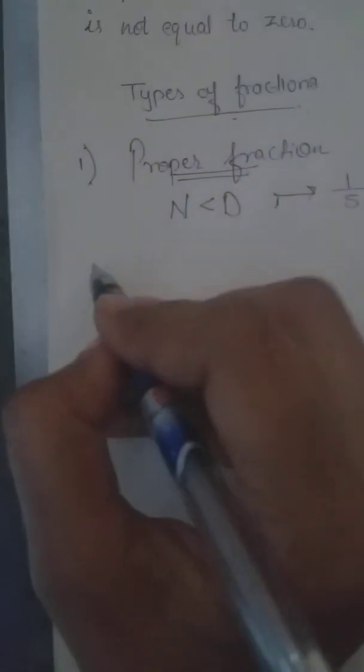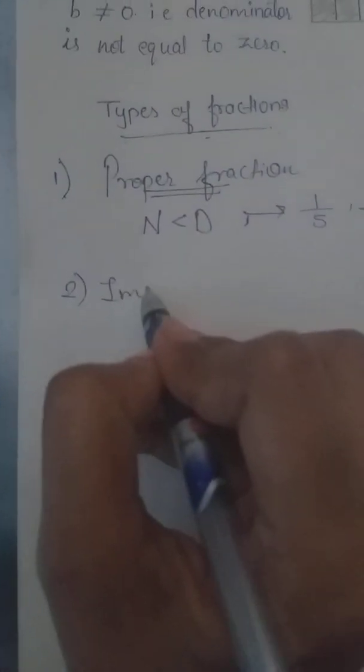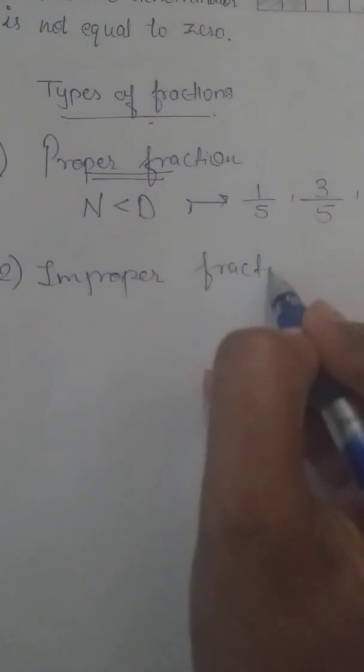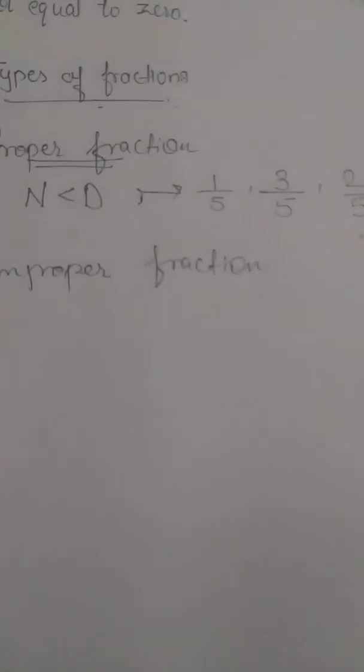The second type is the improper fraction. An improper fraction is easy to understand.